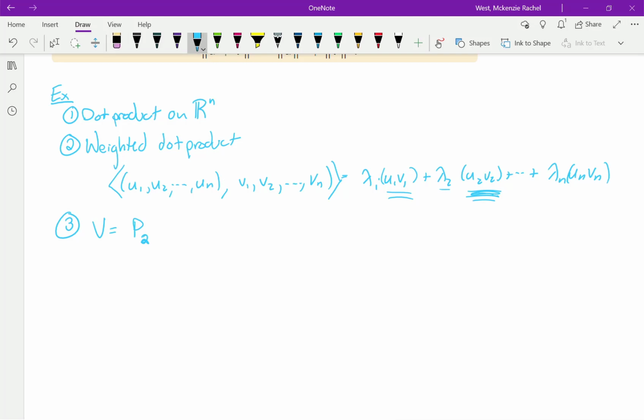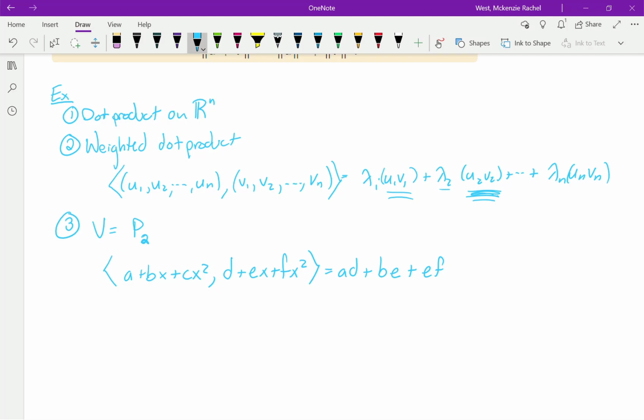With this you could do something like the inner product of a plus bx plus cx squared, and let's come up with d plus ex plus fx squared. Maybe we want to just multiply the corresponding coefficients: ad plus be plus cf. So this should look a lot like a dot product because it essentially is. You might even want to call this the dot product on P2.